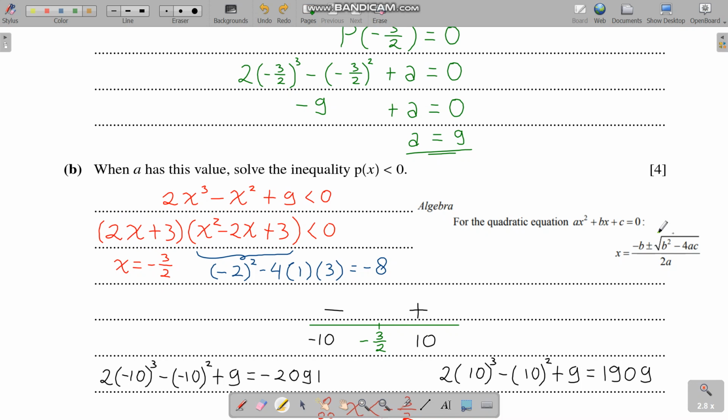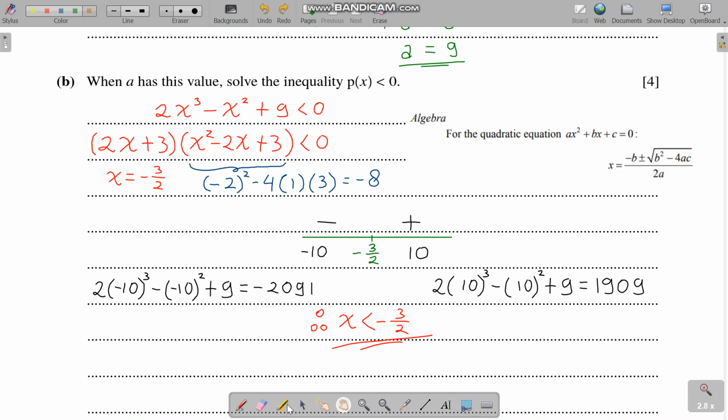Now if we look at the quadratic formula here, we have the determinant here, b squared minus 4ac. We get something negative, which means we have the square root of something negative, so there is no real solution, which means we have only one critical value, which is minus 3 over 2 from the linear factor.